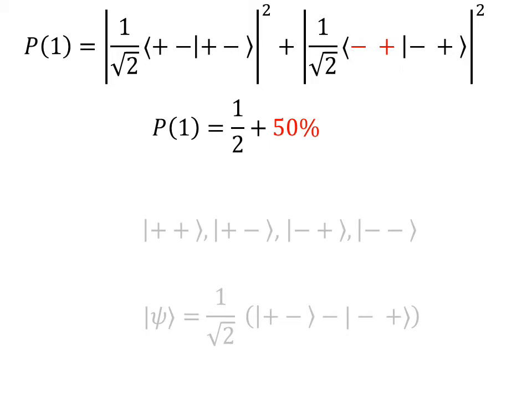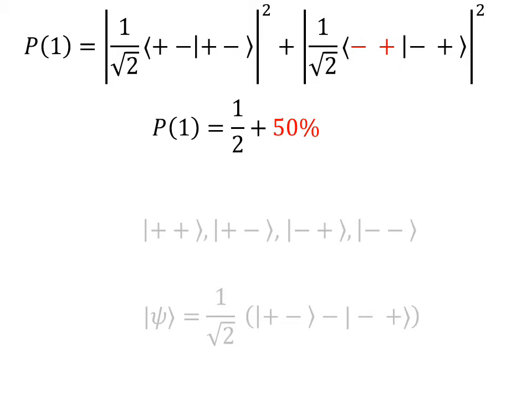On the other hand, the probability that as a result of the measurement with the same operator S sub 1 we obtain the state of the first electron minus, while the state of the second electron is plus, is also 50%. Similar will be the case with the operator S sub 2 and its eigenvalues and eigenvectors.